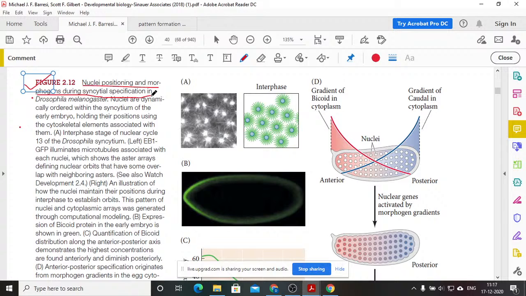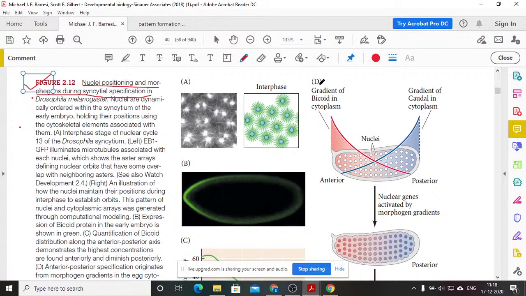The nuclei are dynamically ordered within the syncytium of the early embryo, holding their position using the cytoskeletal elements associated with them. So, how do the nuclei move inside the egg or embryo? There are certain cytoskeletons present, and because of these, some nuclei are on the anterior end and some go to the posterior end, and their organization is determined by this factor.